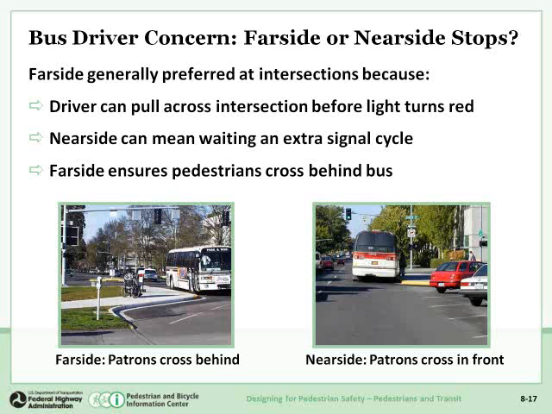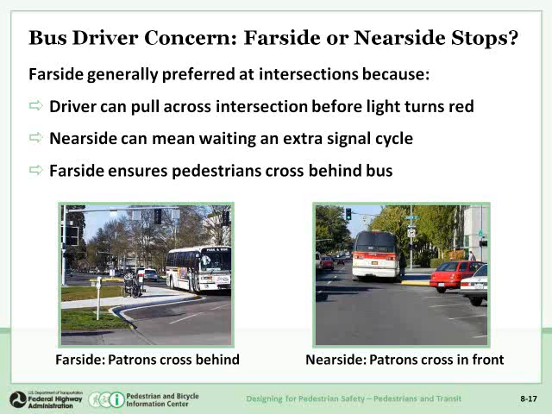The near side can mean waiting an extra signal cycle, and far side ensures that pedestrians cross behind the bus. That's very similar to the previous example, where it's better for pedestrians to cross behind the bus.